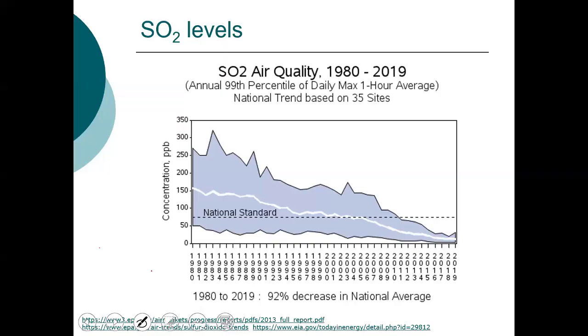You see that the range was very significant, from about 50 to probably about 260 parts per billion back in 1980. It would have been even higher before that. And you see we're in the range from 0 to 20 parts per billion now. So very, very successful in terms of reductions.